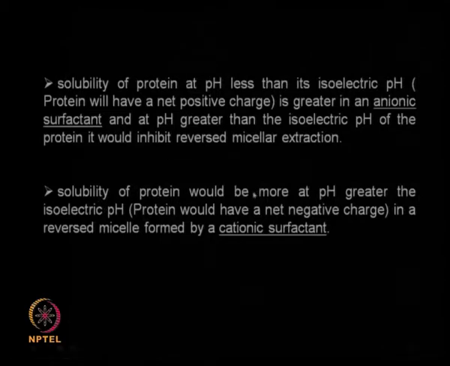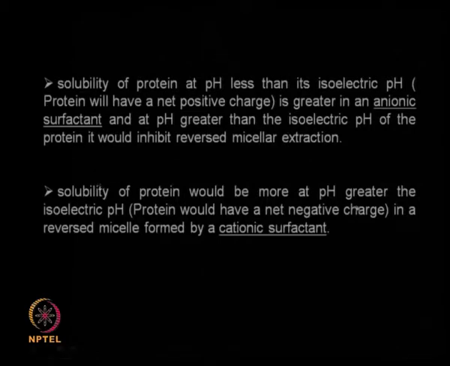So solubility of the protein would be more at pH greater than the isoelectric pH if the protein has a net negative charge in a reverse micelle formed by a cationic surfactant. So depending upon the pH, we can select the type of surfactant. Do I need an anionic surfactant or do I need a cationic surfactant?